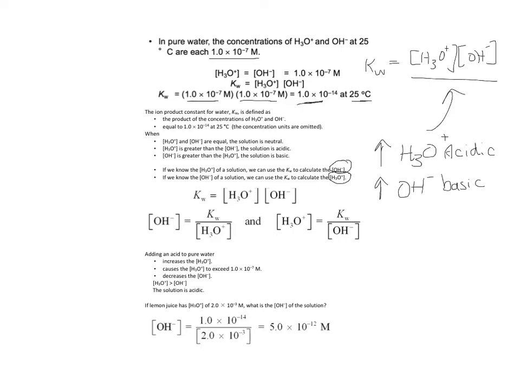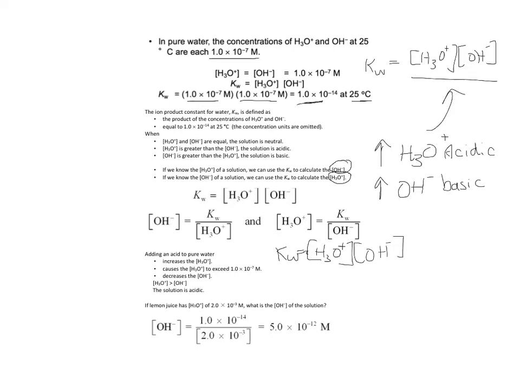Okay? If lemon juice has an H3O plus concentration of 2.0 times 10 to the negative 3 molar, what is the OH minus concentration? Well, just like we've done before, we know our Kw is equal to H3O plus times OH minus.